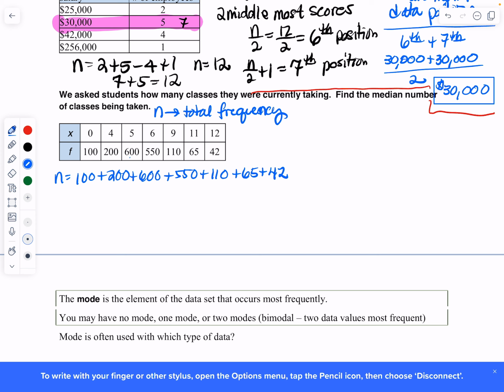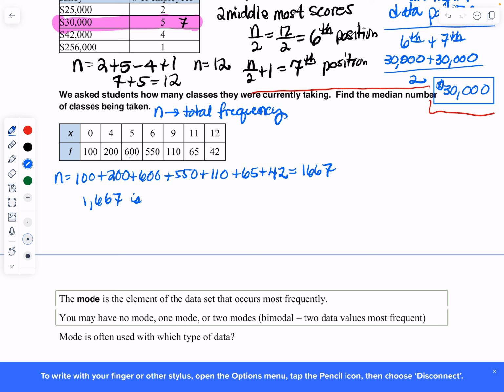And I'm double checking to make sure all my numbers look good. And voila, they look great. So the total is 1667.